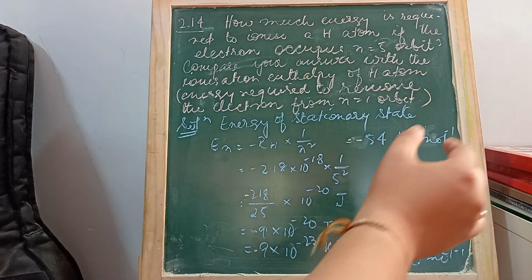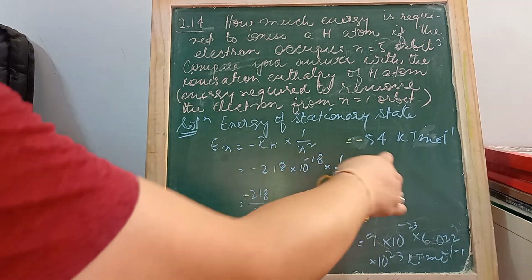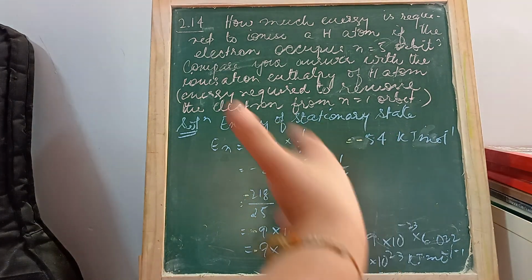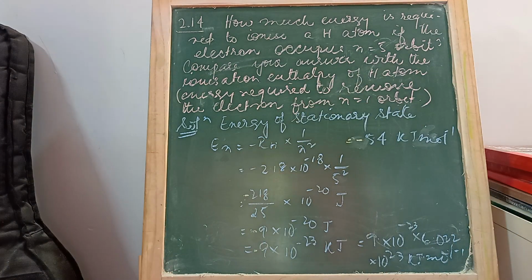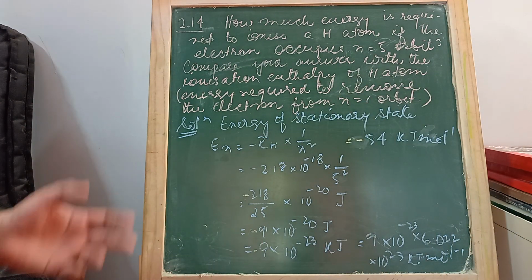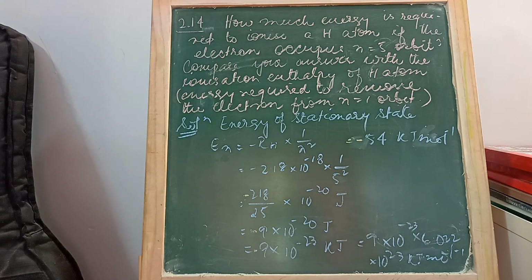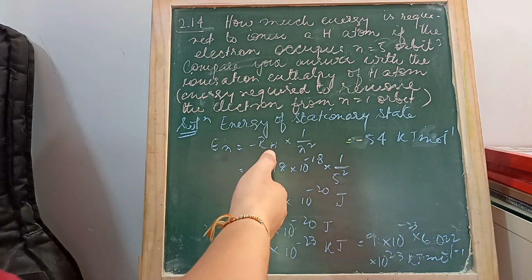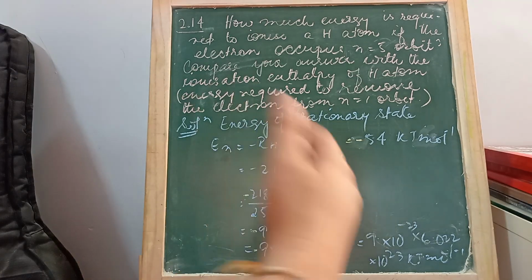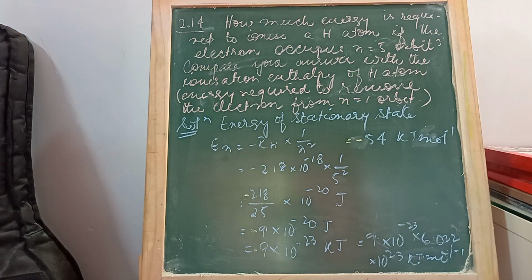In minus, decreasing means what? -2, then it becomes -1. What does it mean? It means it's a bigger value, right? Minus 1 is bigger than -2. In the first orbit, you need minus 2 energy. In the second orbit, it will be lesser, -1.